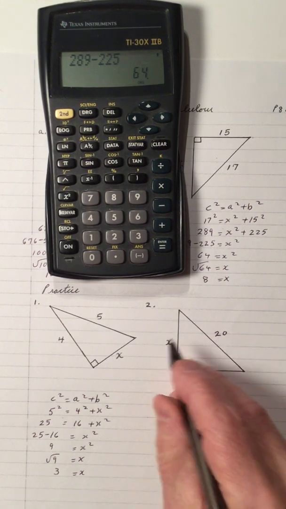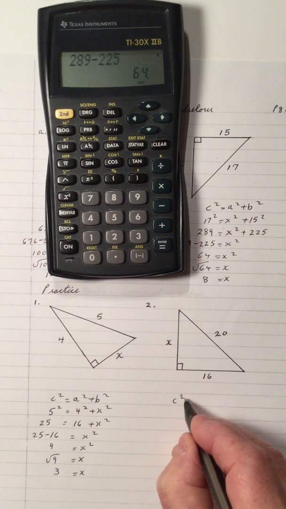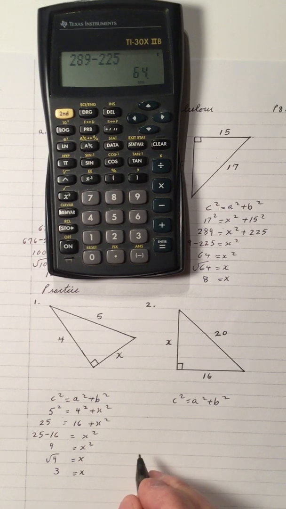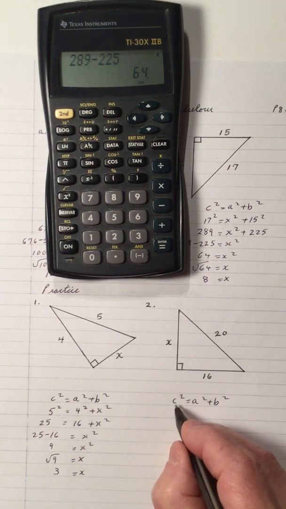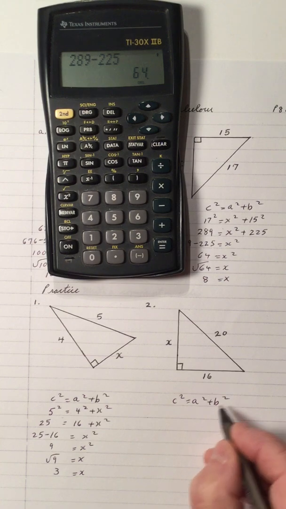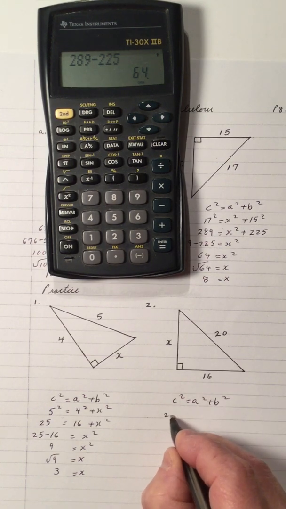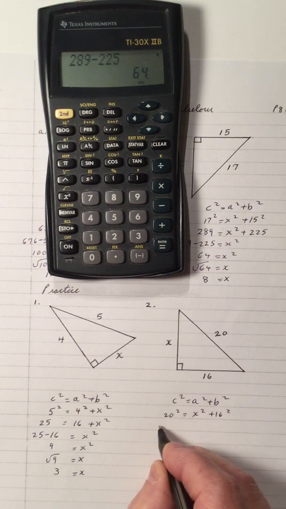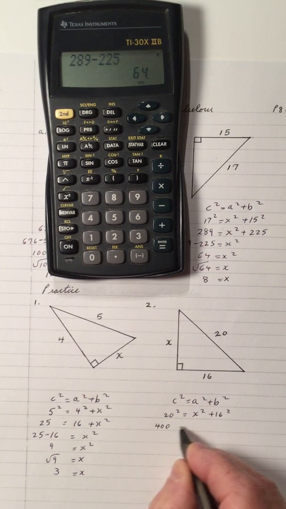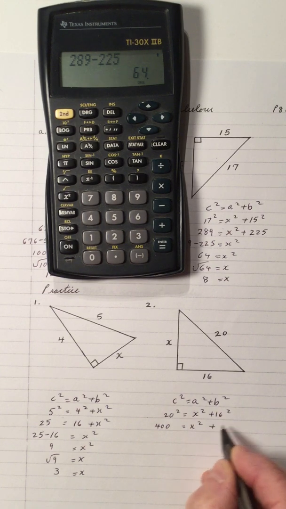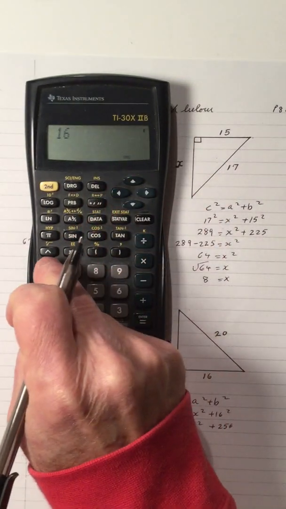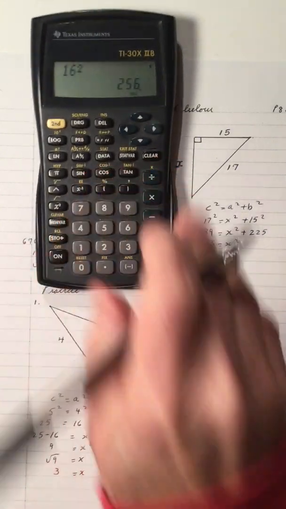Pythagorean property: two sides, we need a third one, we've got a right angle. So c squared equals a squared plus b squared. By now, if you didn't know it, you should know the Pythagorean property. Write it down. Always write down the c squared, a squared, b squared. 20 is the hypotenuse, goes in place of c. X is the a and the b, so we square them. 20 squared is 400. 16 squared, just to make sure, is 256.